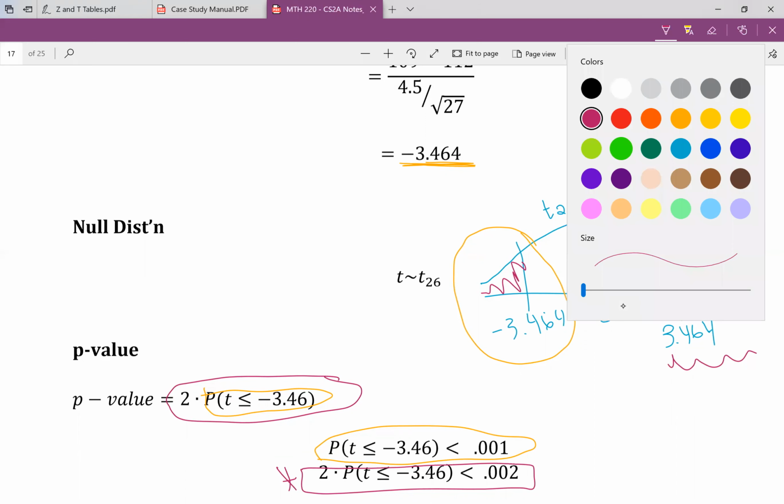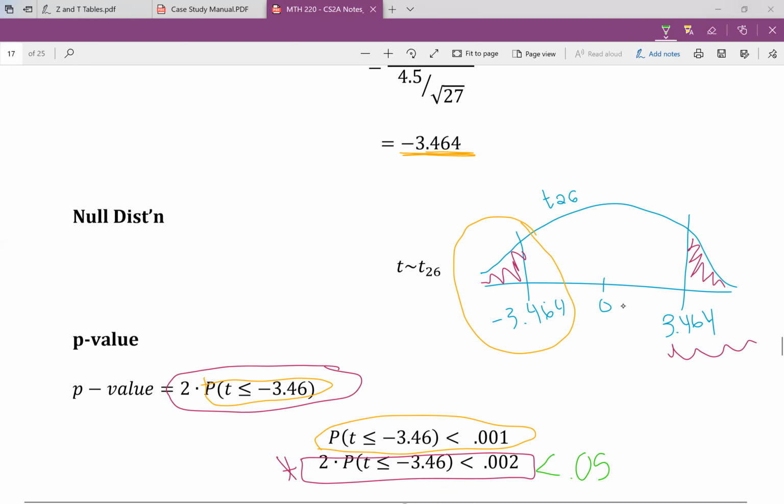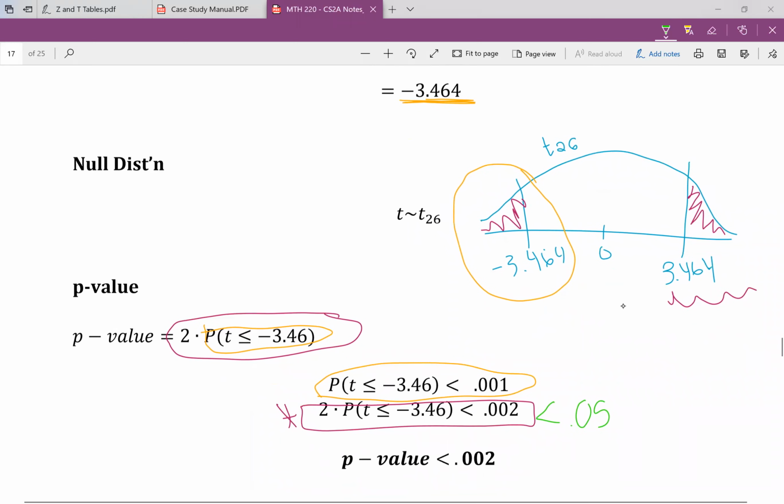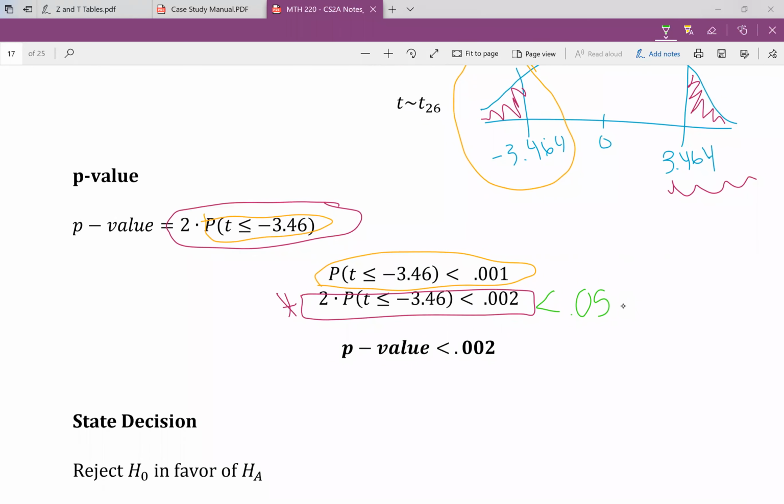And if we come in here and talk about alpha, our p-value is lower and smaller than alpha. So what does that make our decision? Reject H0 in favor of HA.